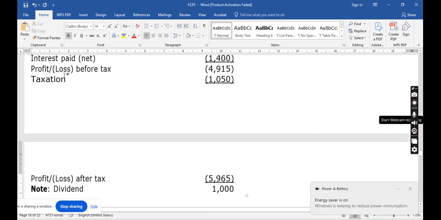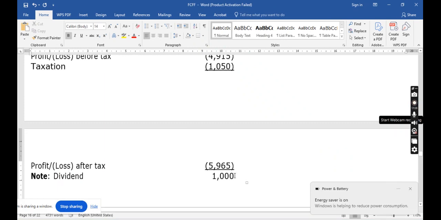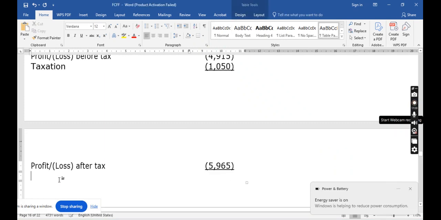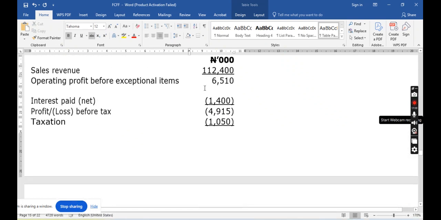Okay. Now, when you remove the exceptional items, we don't need the dividend. We don't need the dividend paid. So when you remove the exceptional items, we need to get your profit, the profit after tax.